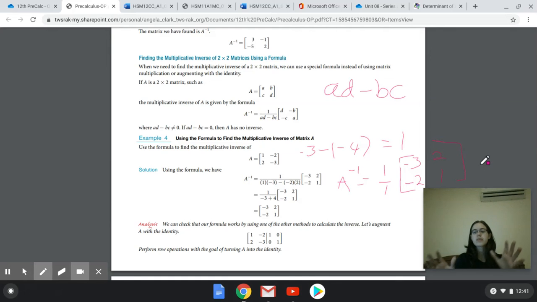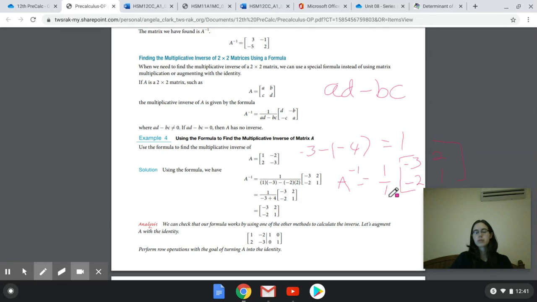So it's kind of a lot of pieces to remember, but if you have all your pieces, then this is definitely the fastest way to find the inverse of a 2x2 matrix specifically. So again, that's 1 over the determinant, which is multiplying this diagonal minus multiplying that diagonal.